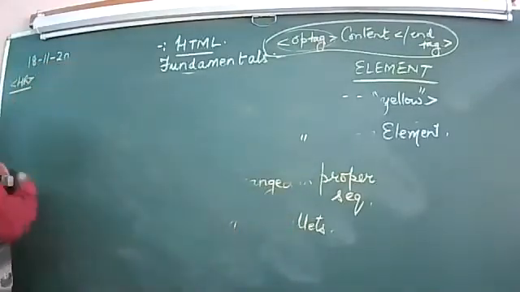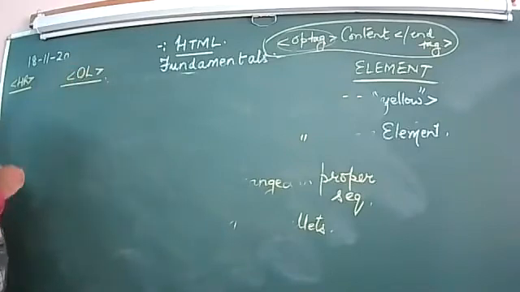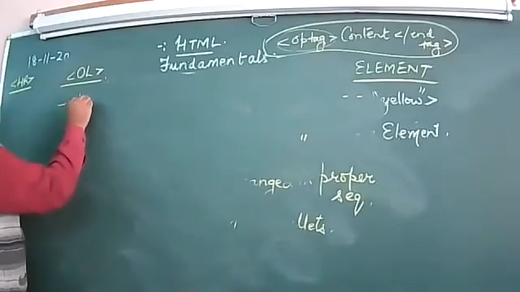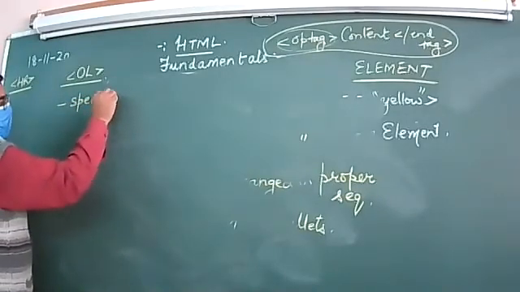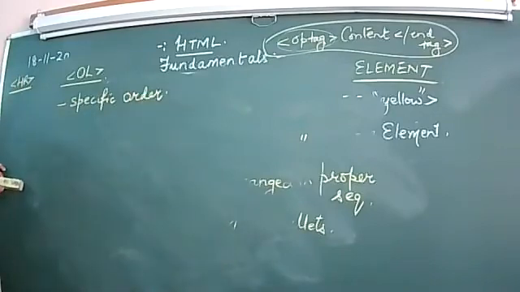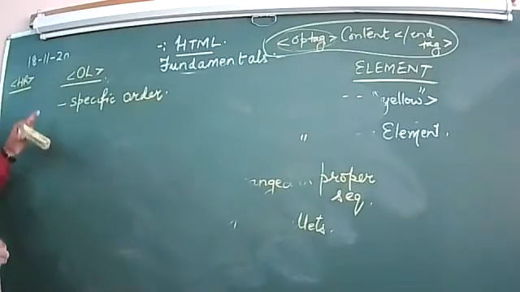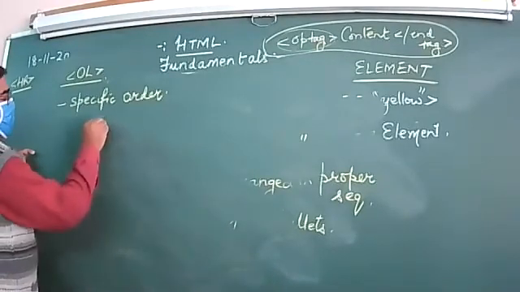Now next, moving over to ordered list. Ordered list means the list where a particular or a specific order is followed. That is called your ordered list. Right? Another name, I already told you, numbered list.